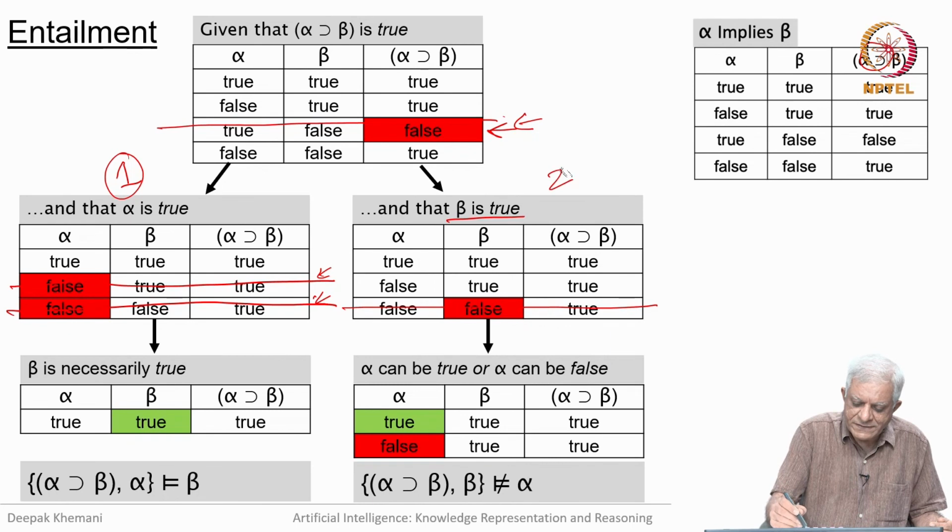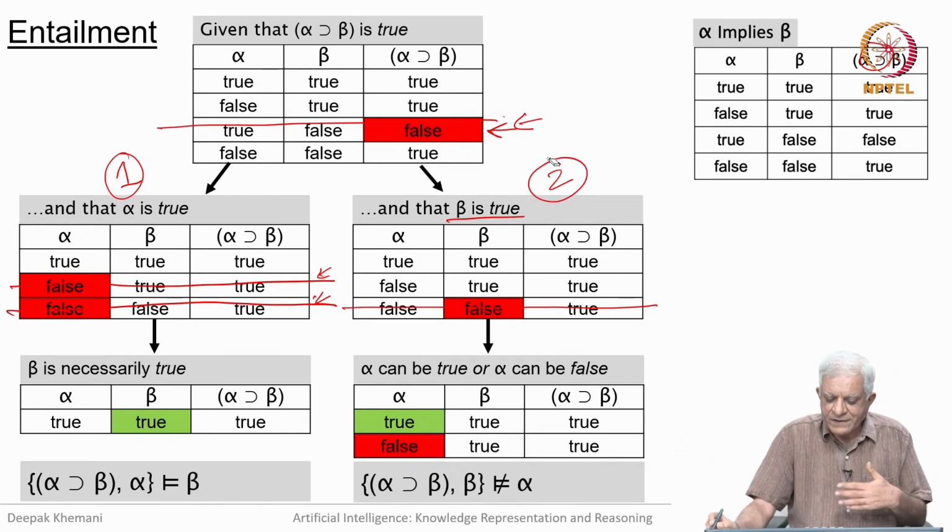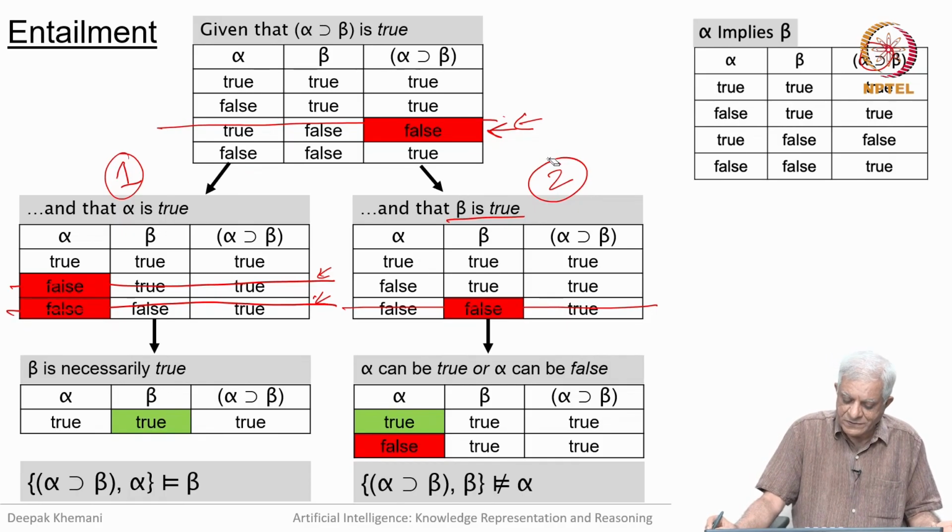In the second case beta is given to be true, and we were left with the possibility of alpha being either true or false. So, alpha is not entailed by alpha implies beta and beta, whereas beta is entailed from alpha implies beta and alpha.